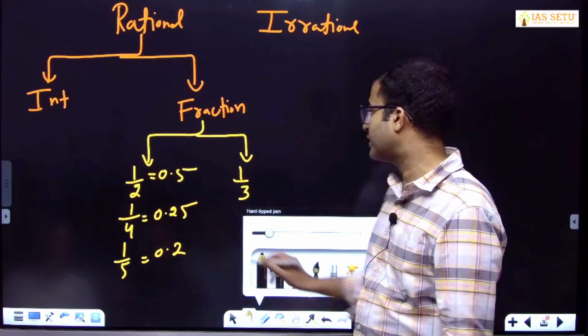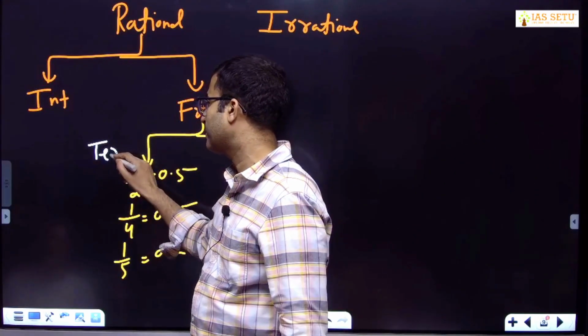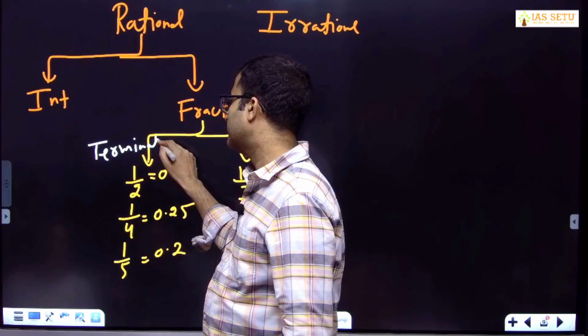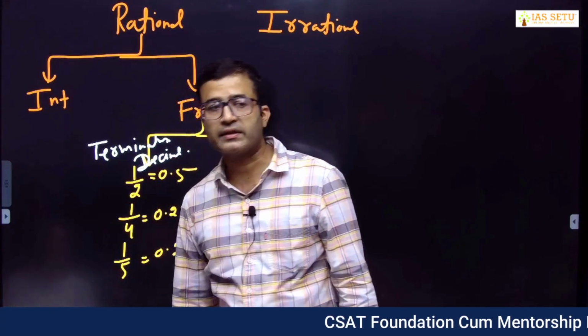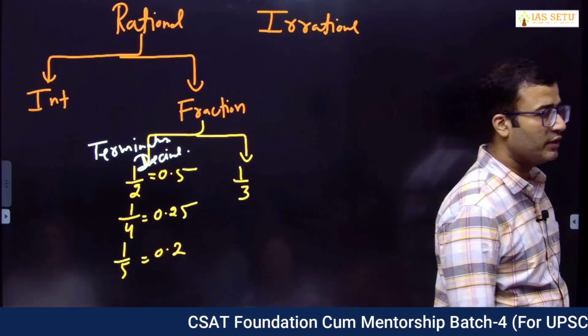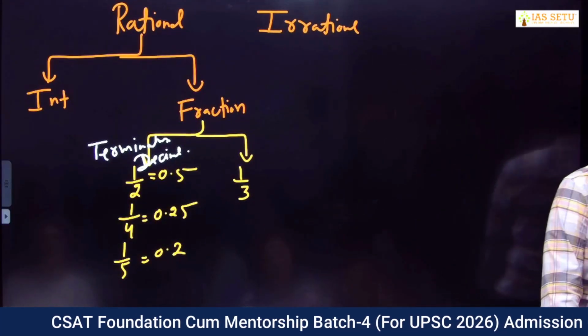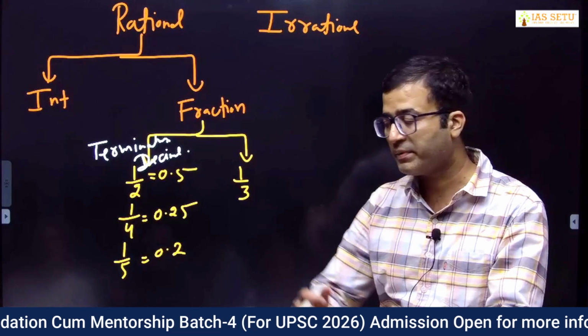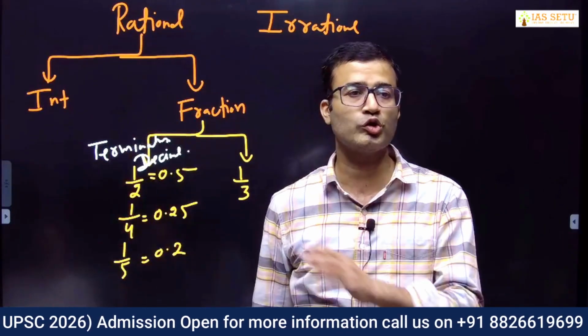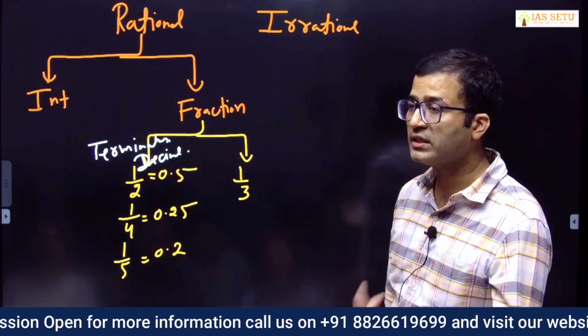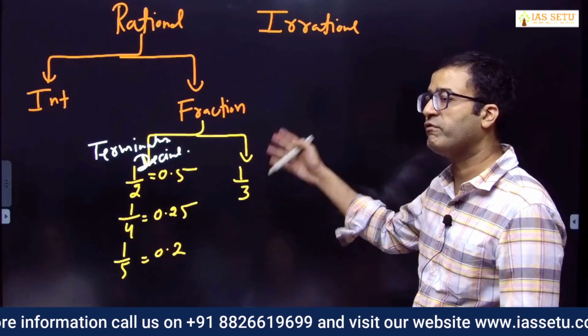This type of decimal is called terminating decimal. We call these terminating decimals. They terminate after the decimal point, maybe after 1 digit, maybe after 2 digits, maybe after 10 digits, maybe after 20 digits, but they will stop. And you will understand terminating decimals once you see 1/3.